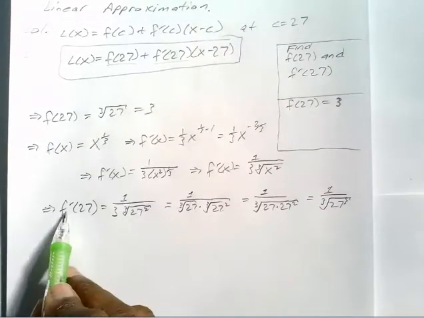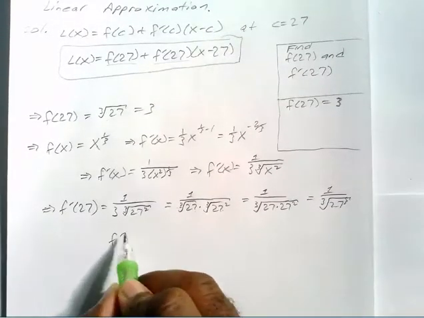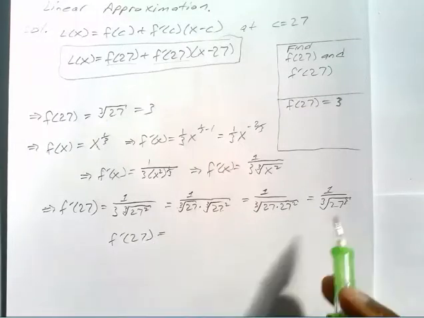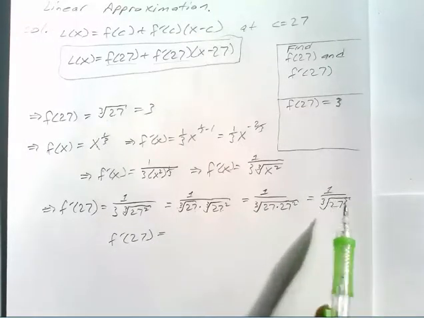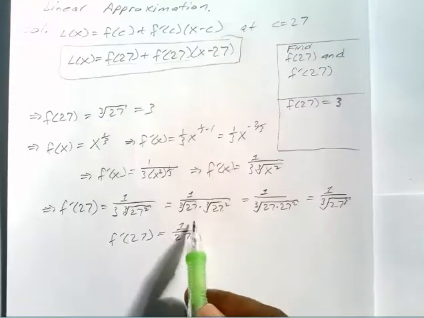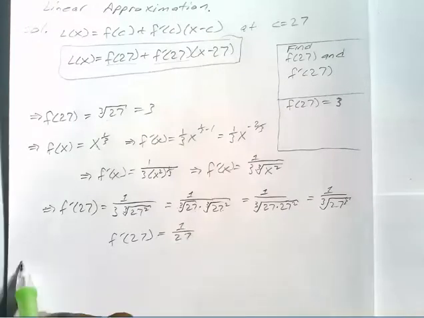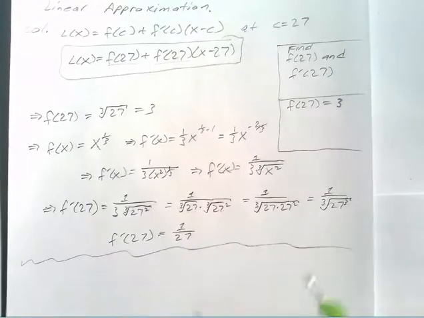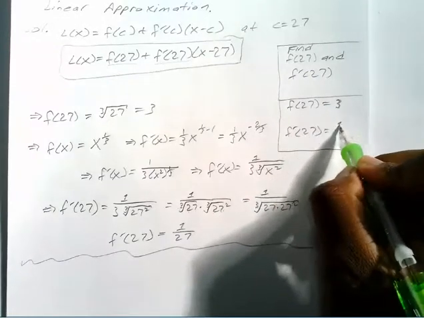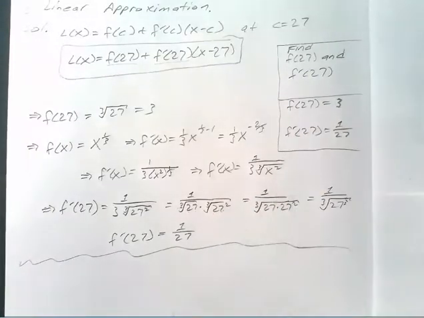Alright, so that means our f prime of 27 is equal to 1 over 27 because the index and the exponent cancel out. Okay, so f prime of 27 equals 1 over 27.